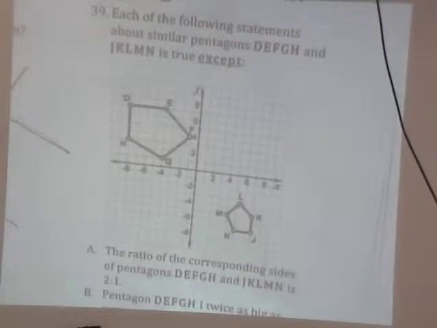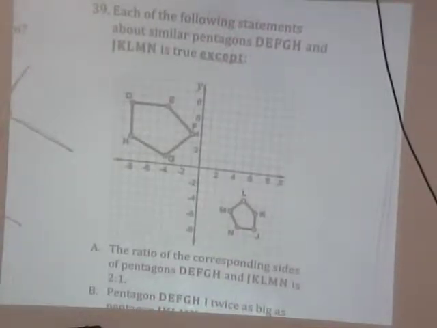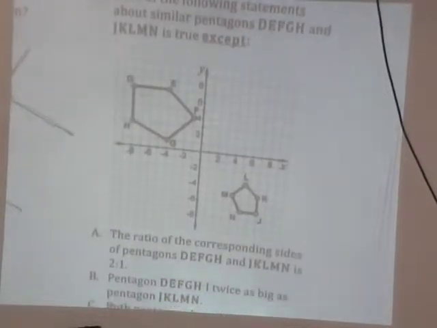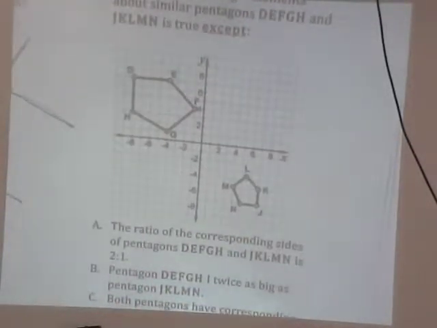All right, next one. Each of the following statements about similar pentagons are true except. So we're looking for one statement that's not true. A: The ratio of the corresponding sides of the pentagons is 2 to 1. Let's see if that's true.